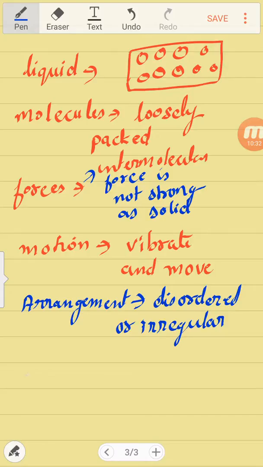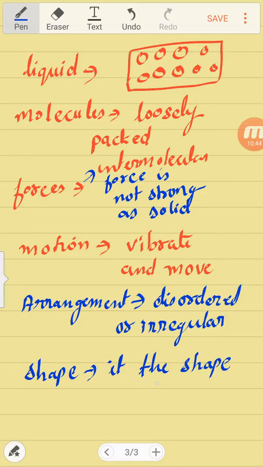And what about the shape? It takes the shape of the container. It means wherever you pour the liquid, it will take the shape of that container.